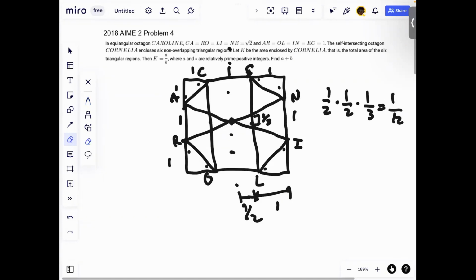Now we want the bigger triangle, and the entire length would be 3, since this is 1, this is 1. Since it's symmetric, these 2 distances are the same. Since 3 minus 1/3 is 8/3, both of these should be 4/3.